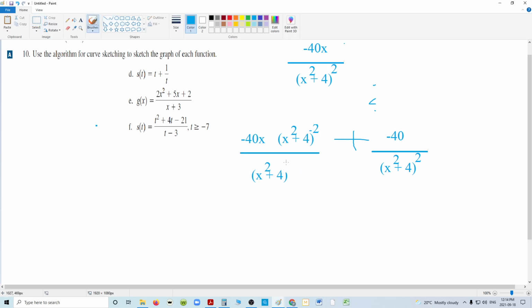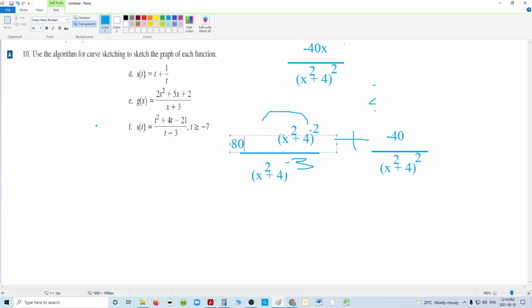There's no need to do this, by the way, negative 3. And then I would simply continue. This is negative 2 times that, so I get 80x up top. And then it's also going to be times the derivative inside, which is 2x, so 80x times 2x. I'm going to be left with 160x squared.